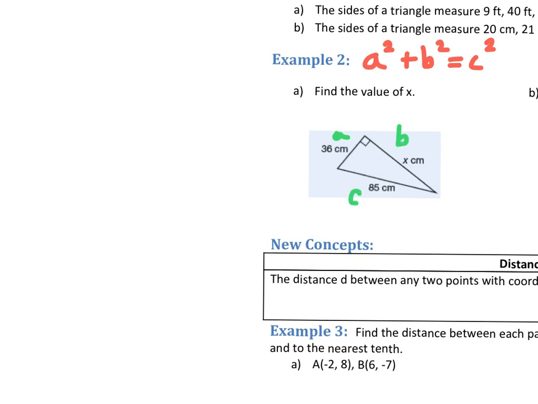I can tell this is my hypotenuse because it's directly opposite the 90-degree angle. So we'll fill in what we know about the triangle into the Pythagorean theorem. We'll take 36 squared plus x squared needs to equal 85 squared.